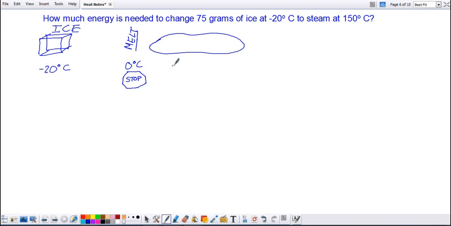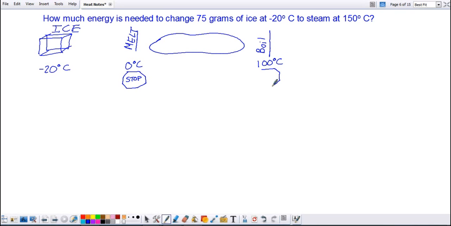So the water's melted, the temperature's rising, and then it's going to stop rising again. It's going to stop rising because it's going to boil. And while it is boiling, the temperature won't be changing. It's just going to be changing phase, and that'll happen at 100 degrees Celsius.